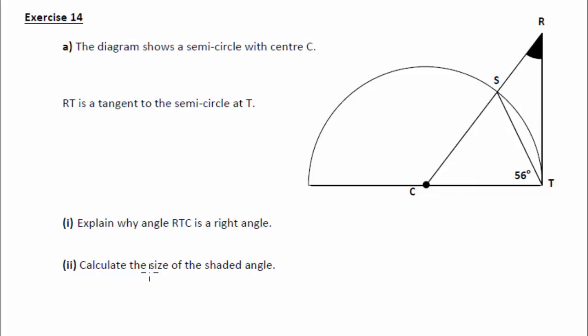Now, if we want to calculate the size of this shaded area, we want to be looking at this. If we're willing to accept that this is a right angle, because this would go further down, that's a right angle there. Also, we're hopefully willing to accept that there's a chord that intersects at 2 points here.